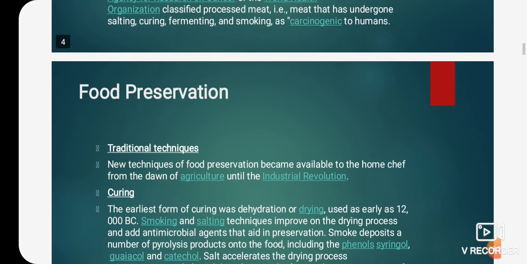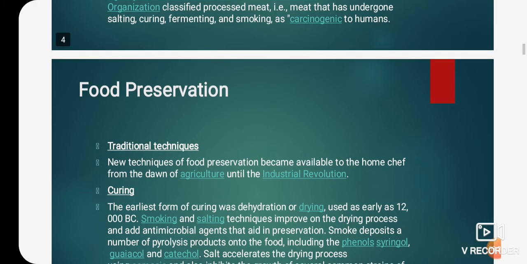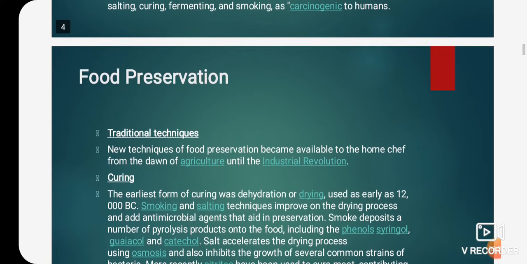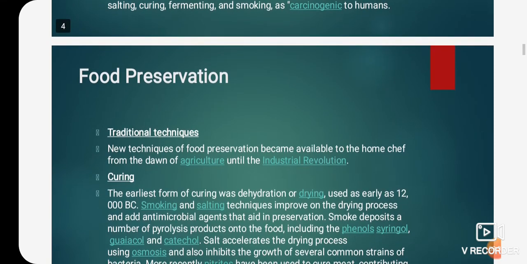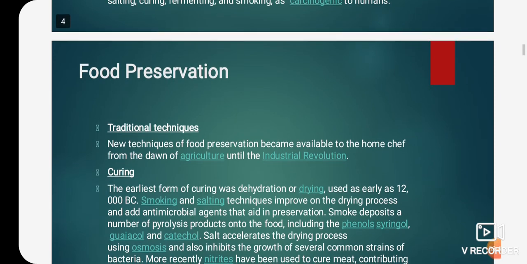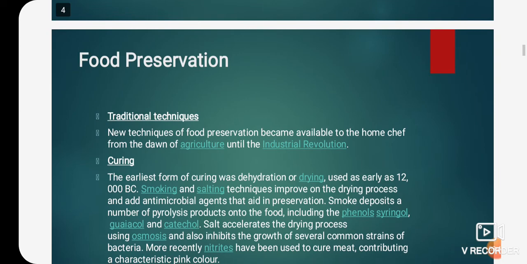Smoking and salting techniques, improving on the drying process and add antimicrobial agents that aid in preservation. Smoke deposits a number of pyrolysis products onto the food, including the phenols, syringol, guaiacol, and catechol.